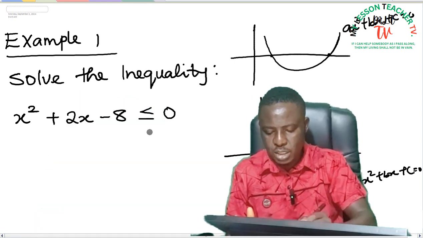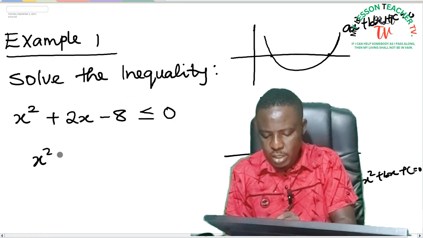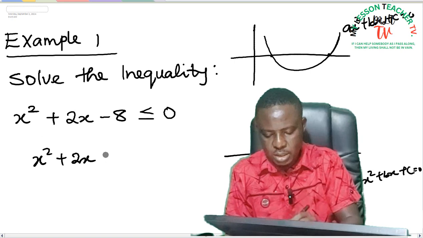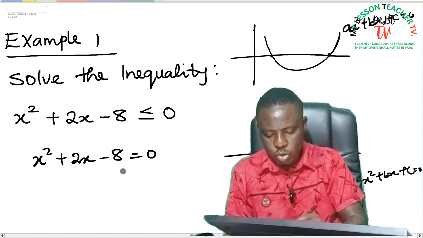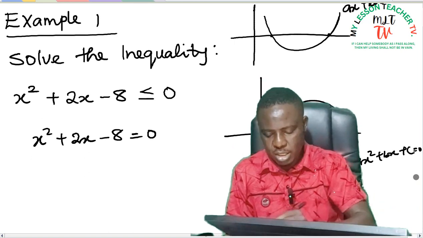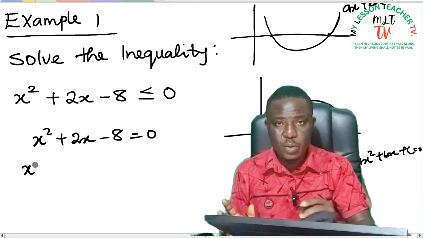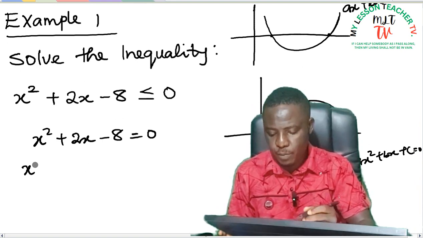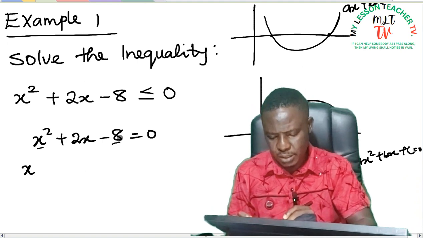So I'm going to equate the quadratic expression to 0. So this becomes x squared plus 2x minus 8 is equal to 0. So you then factorize this. Look for two terms which, when you multiply them together, give you the product of the first term and the last term, and when you add them together, give you the middle term.